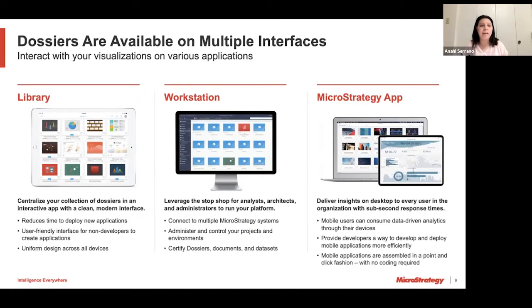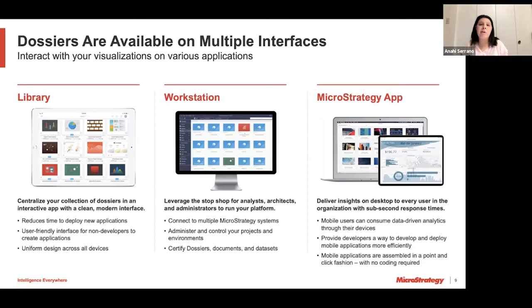So you can view them in Library, which is our consumable interface with collaboration that we were talking about earlier, so that you have that communication with other users in real time. You can do it on Workstation, which is a local installation on your machine, both on Windows machines and on Macs, and you can view them there, edit them, create new ones, all from your local machine.